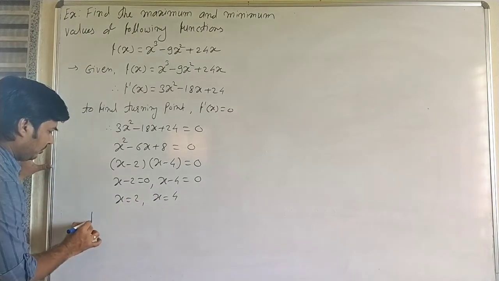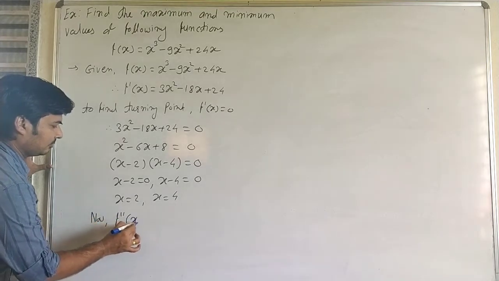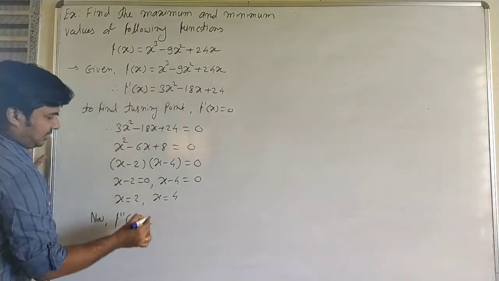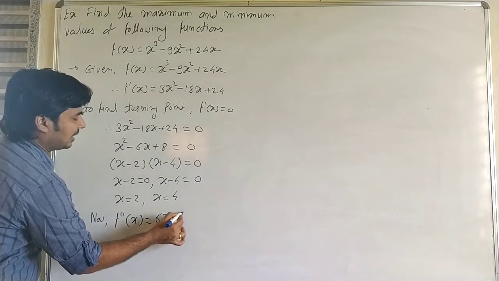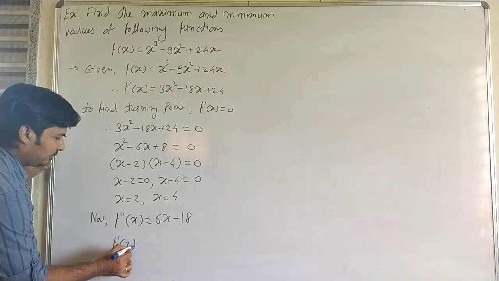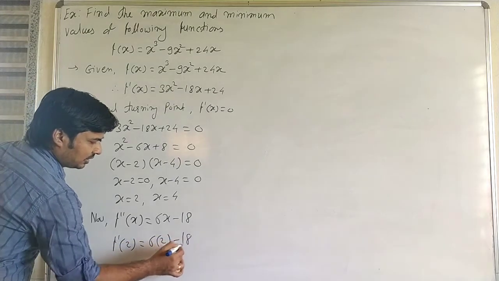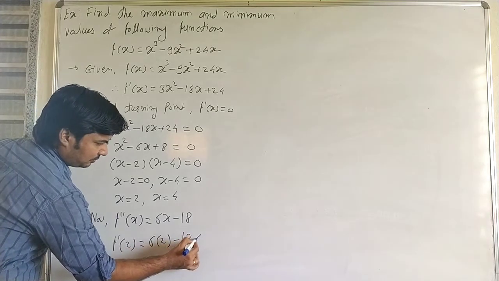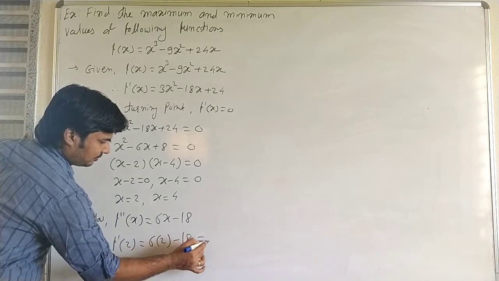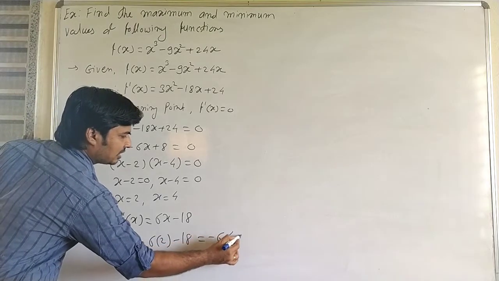Then now we find f double dash. f dash is 6x minus 18. Then put the values. f double dash of 2 is 6 into 2 minus 18, which is 12 minus 18, that is minus 6, which is less than 0.